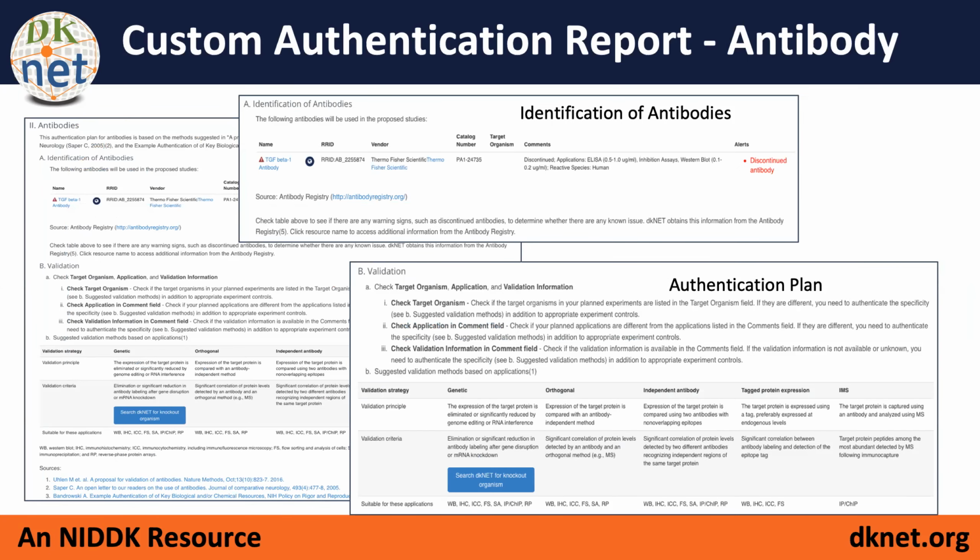And for the antibody section, it's the same basic ideas that we have the information on the antibodies. We have the validation information, which here includes the number of different pillars based on how you are using that antibody. We also provide a link to information about model organisms.